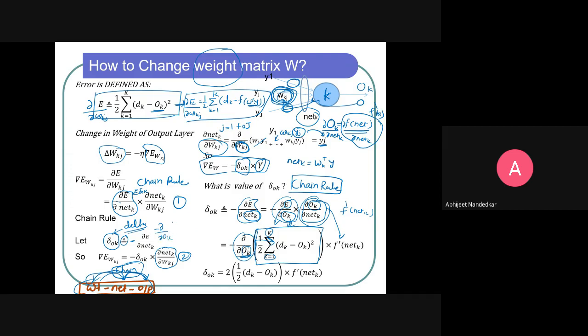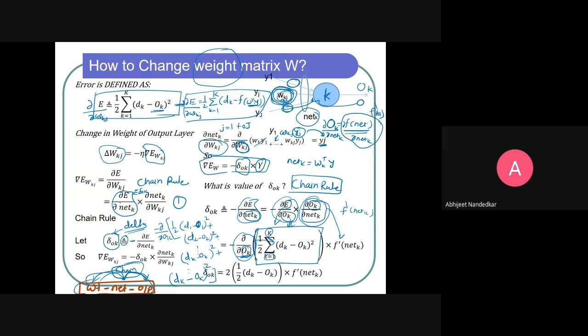I can write this as half into (D1 minus O1) square plus (D2 minus O2) square plus and so on. It's (Dk minus Ok) whole square plus and so on, (DK minus OK capital) square. So this is the expansion of this summation.